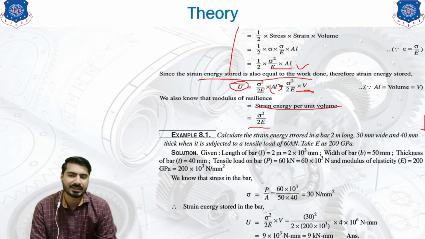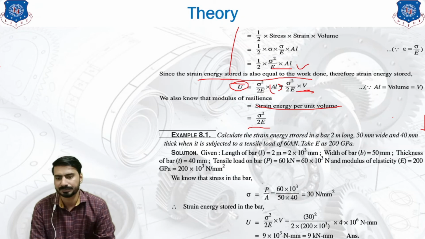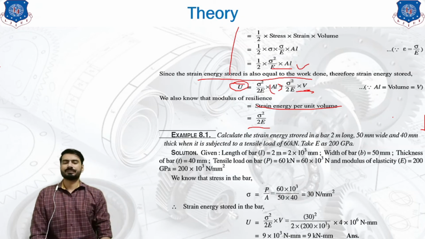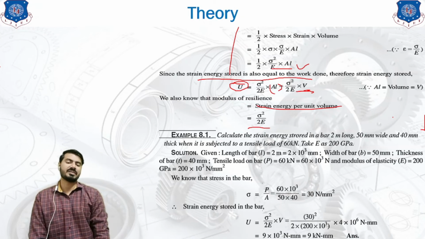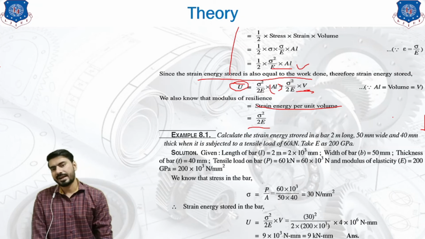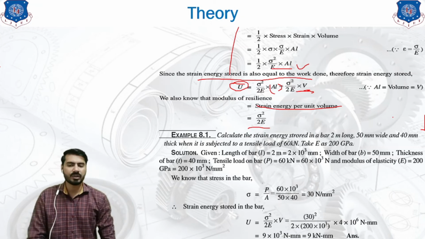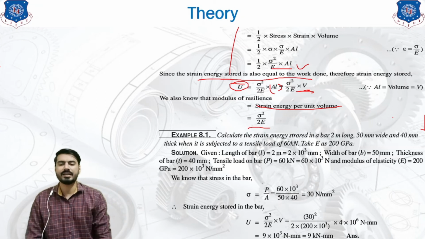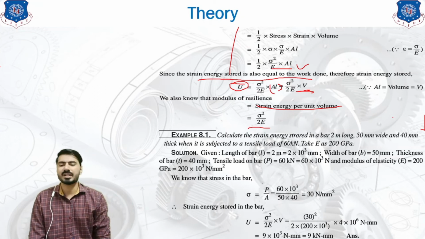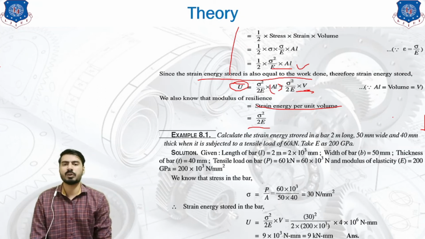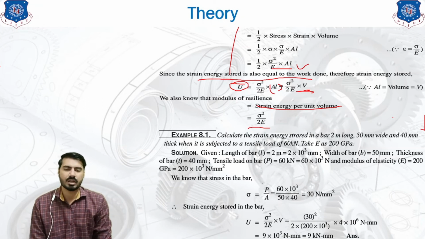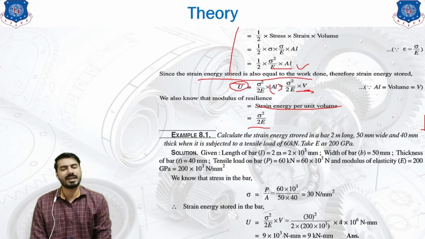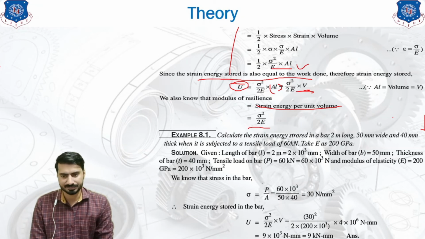Now let's get started with the example. Calculate the strain energy stored in a bar 2 meters long, 50 mm wide and 40 mm thick, when it is subjected to a tensile load of 60 kilonewton. The length, width and thickness are given, and the load is also provided. Generally it is the average load. Take Young's modulus as 200 gigapascal.